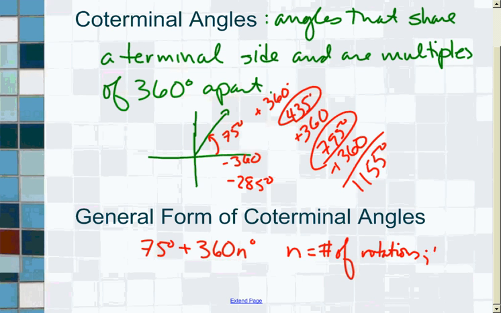And n is an integer, because you can't quite have half of a rotation. So if it's a 1, you've gone around 1 extra time. If it's a 2, you've gone around 2 extra times. If it's 10,000, you've gone around 10,000 extra times. You got that? Okay.